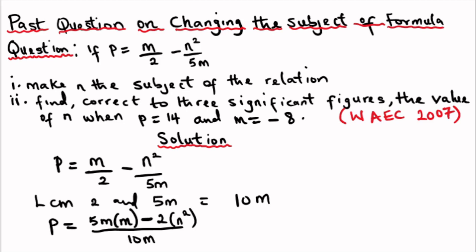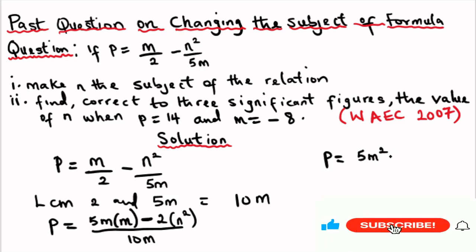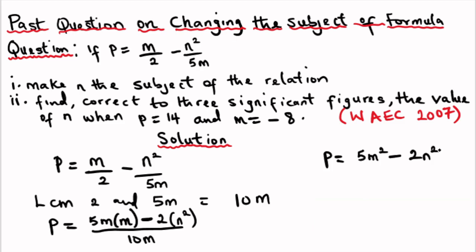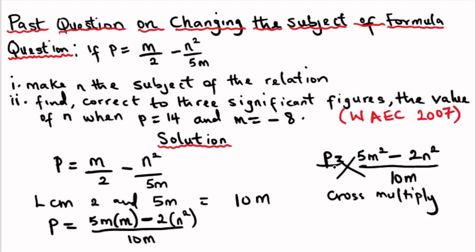So expressing further, our p becomes 5m multiplied by m gives us 5m squared minus 2 times n squared gives us 2n squared all over 10m. So the next thing we have to do is to cross multiply, which is, when we cross multiply, this should be over 1.